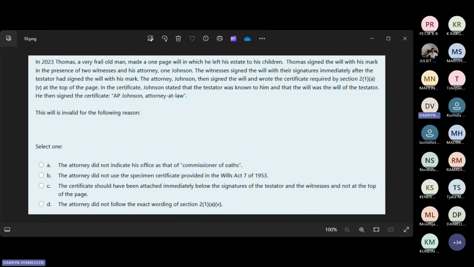The correct answer is A. The reason that A is correct is because the attorney didn't actually state his office as being a commissioner of oaths. According to the prescribed book there have been cases where a will was invalidated because on the stamp it didn't say that the capacity was the commissioner of oaths. So they actually have to say on there commissioner of oaths. So yeah, go for the A camp. It won again.